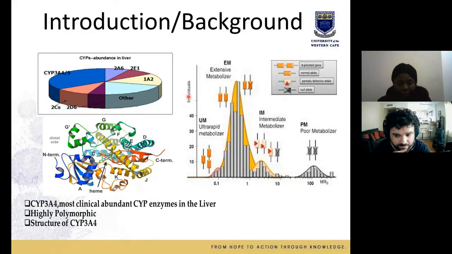This causes inter-individual genetic variation in CYP3A4 that influences the efficacy and toxicity of numerous drugs and prodrugs. Individuals carrying different CYP3A4 allelic variants have been classified as poor metabolizers, intermediate metabolizers, extensive metabolizers, and ultra-rapid metabolizers according to the metabolic nature of the drugs and prodrugs.